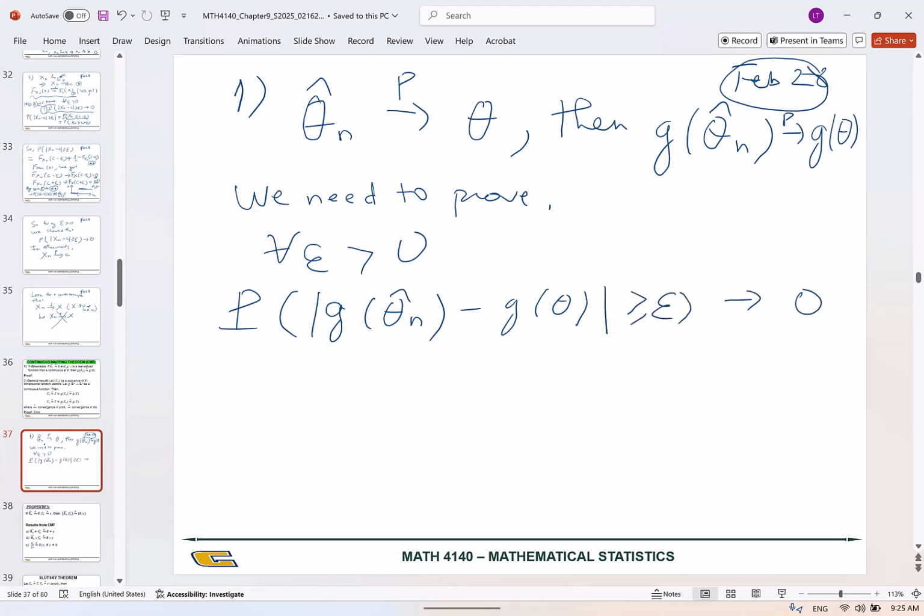Basically they shouldn't be far away. If they are farther apart than epsilon, that's with very low probability. Or in the other direction, you can think the probability that they get close, within epsilon distance, is very big, which is close to 1.